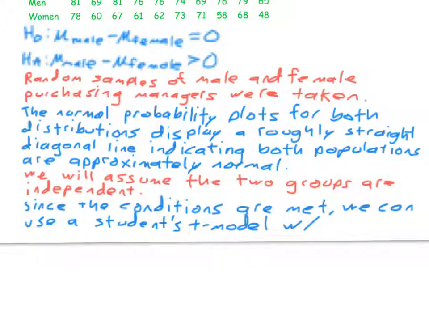Okay, so once you have the data in L1 and L2, you're going to go to Stat, Tests, and you're going to go to 2-sample t-test. It should be number 4. All right, we had the data, so we're going to choose Data.